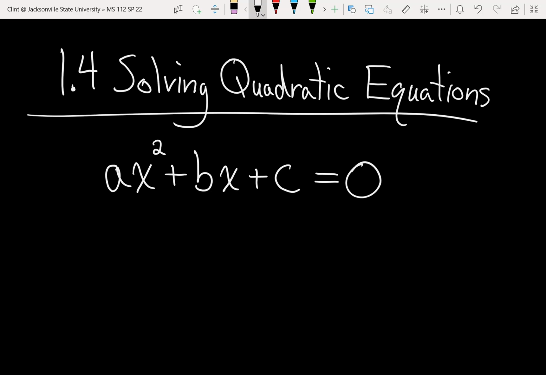So this is actually our first equation in here, where we have an equal sign. So here, a, b, and c, those are just real numbers, what we call our coefficients. And then the largest power of x we have involved is x to the second power, x squared.